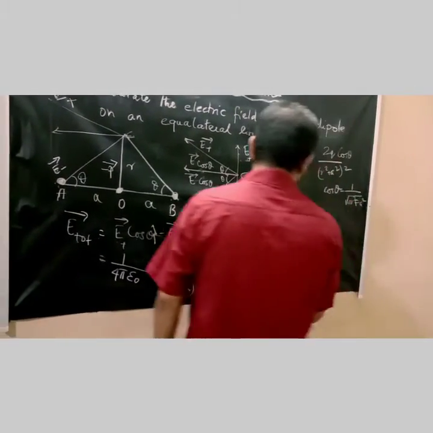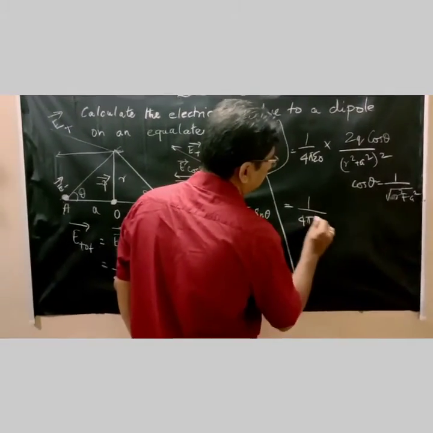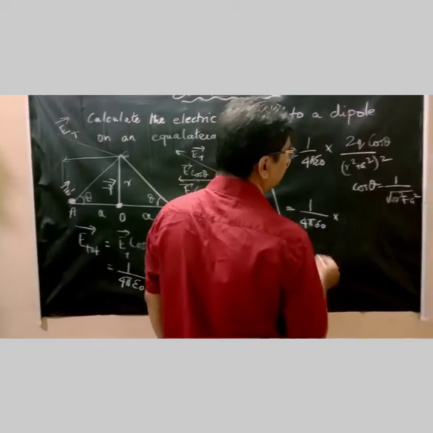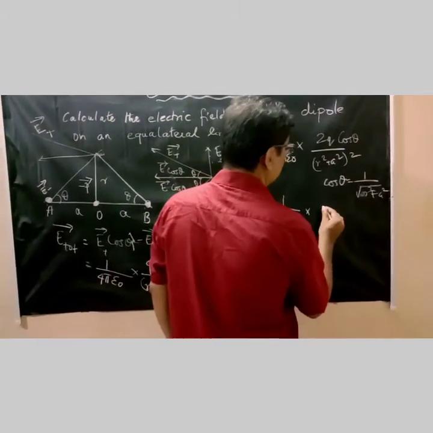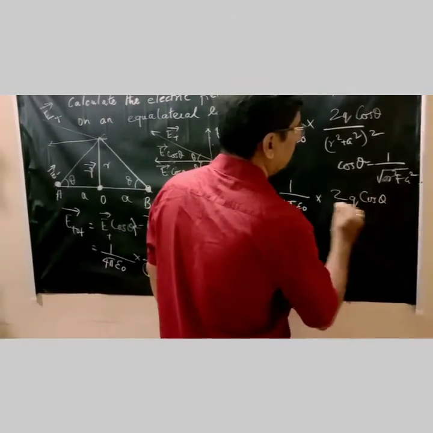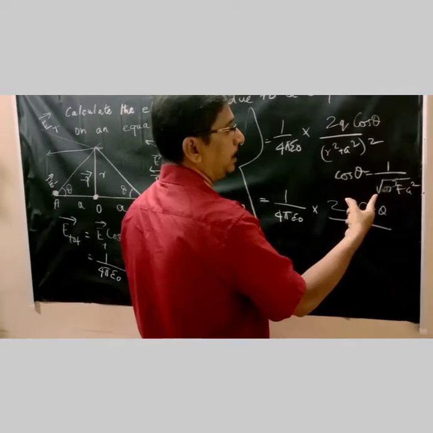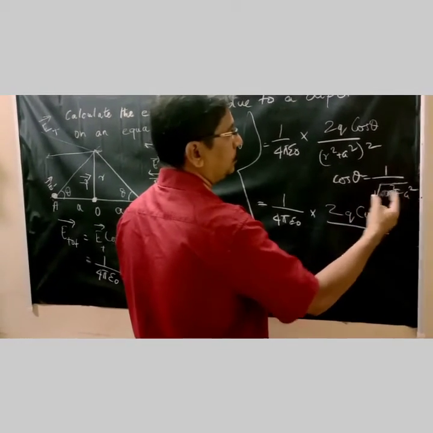Further deriving this expression, 1 by 4 pi epsilon naught into 2Q cos theta by R square plus A square the whole square, and here it is root of R square plus A square.